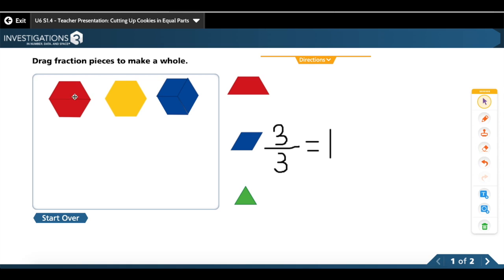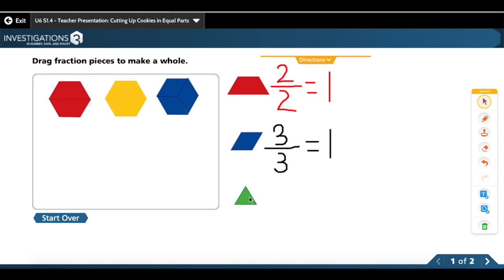So if I have 2 pieces that make up my whole, if it's broken up into 2 parts, I have 2 over 2 would equal 1 if I was talking about the trapezoids. 2 trapezoids, and if I break this into 2 parts, that would be equal to my whole.